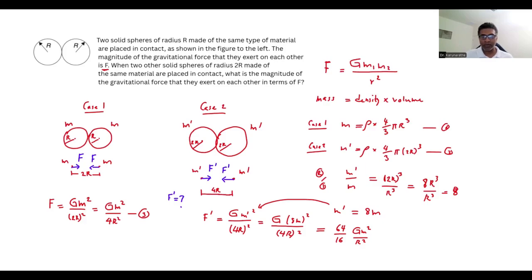So you can have 4 G M squared over R squared. Let me call this equation number 4. So now we can use equation number 4 and equation number 3 to figure out F prime in terms of F. That's my plan.